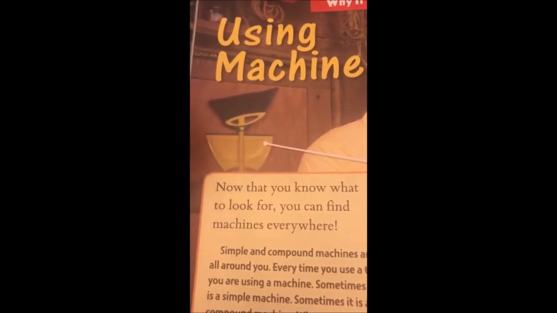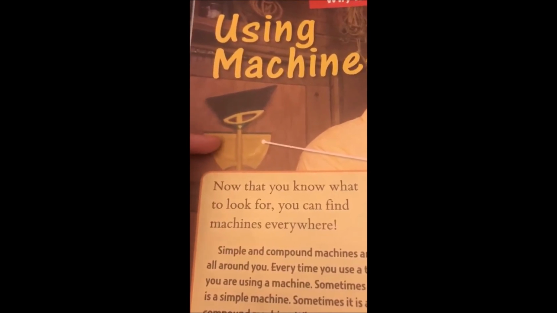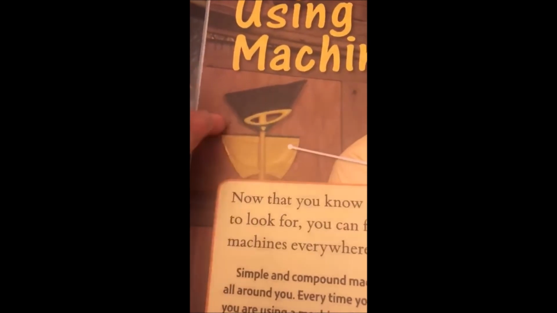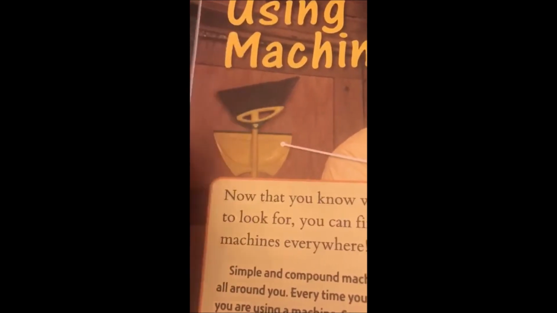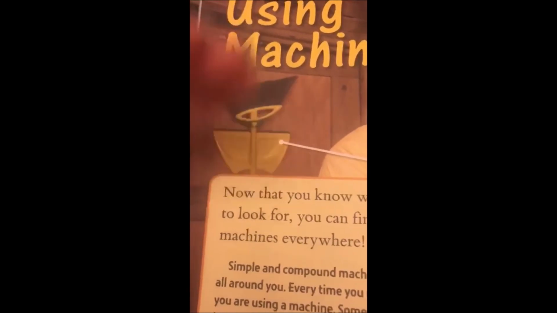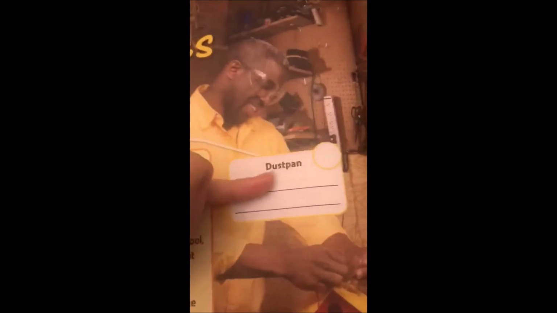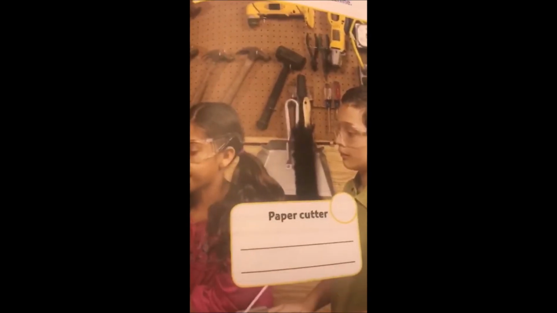Actually, it's a simple machine, and it is an inclined plane. Why? Because this place over here is really low, and here is high. So it makes it easier for us to put the dust on it. So basically, here it is a simple machine, and it is an inclined plane. I'm going to show you how we write it, but I'm going to answer now.